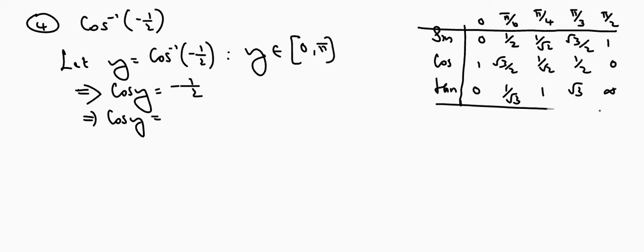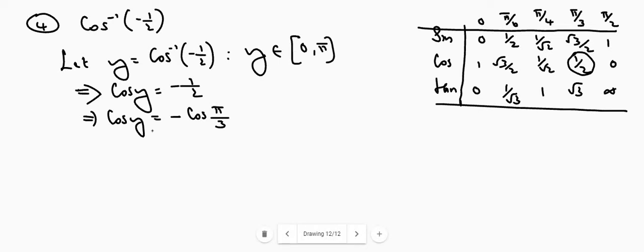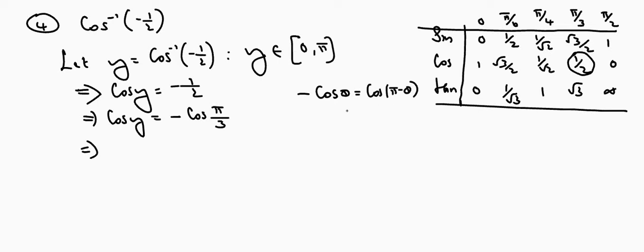Here cos 60, that is cos pi by 3, is 1 by 2. Minus cos theta can be written as cos of pi minus theta.